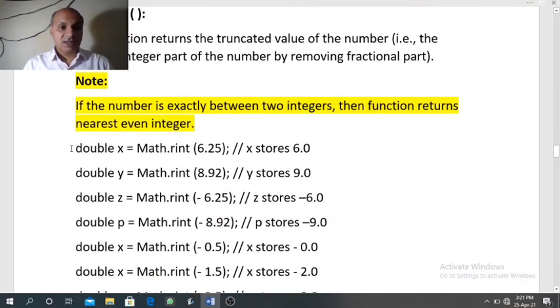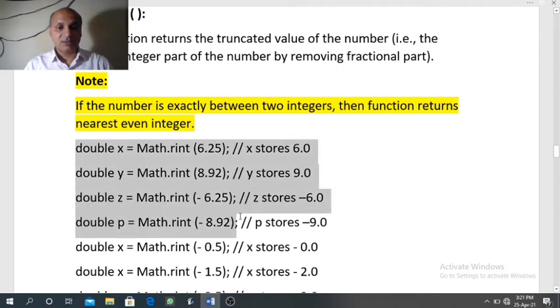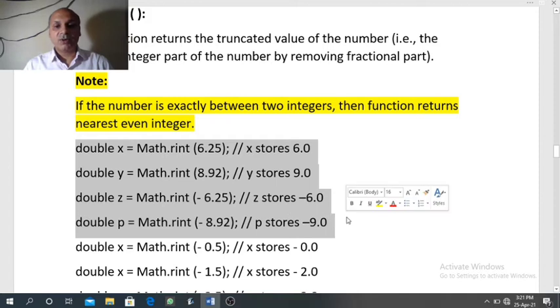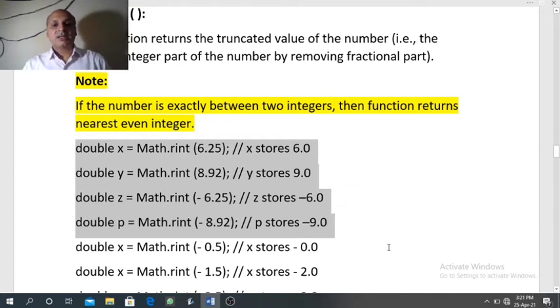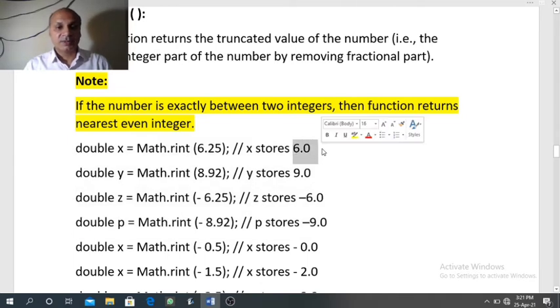See, first four examples are simple, where we are doing the round off. It is just like round. 6.25 is between 6 and 7, and after point we have digit 2. So answer will be 6 after round off. And since the function returns double value, so we will get 6.0 here.